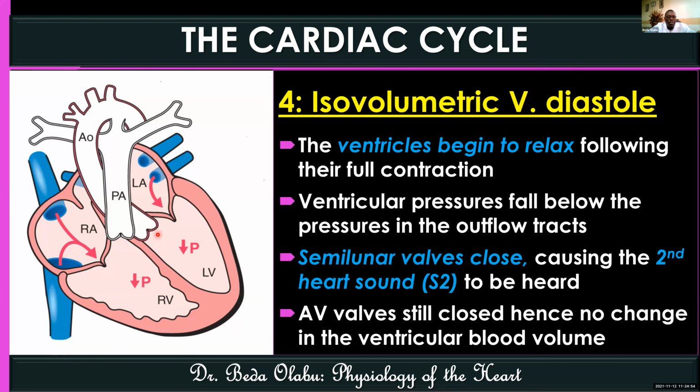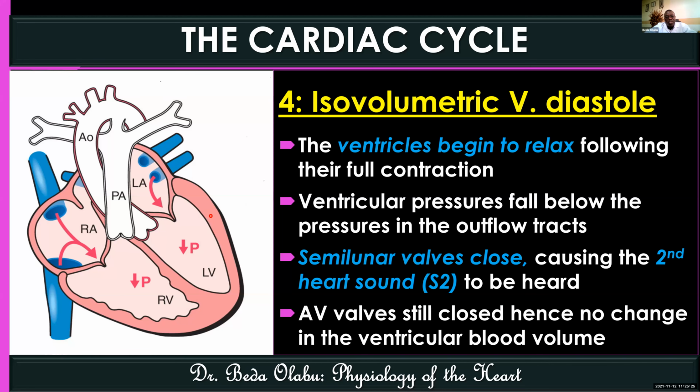So they have gone below the pressure in the outflow tract, but the pressure in the ventricles is still higher than the pressure in the atria. So the atrioventricular valves are still closed as well. All the valves are closed. That is why we are calling this isovolumetric ventricular diastole. The blood volume within the ventricles is constant, but the ventricles are relaxing.